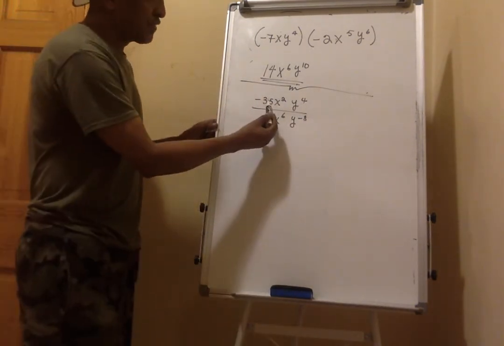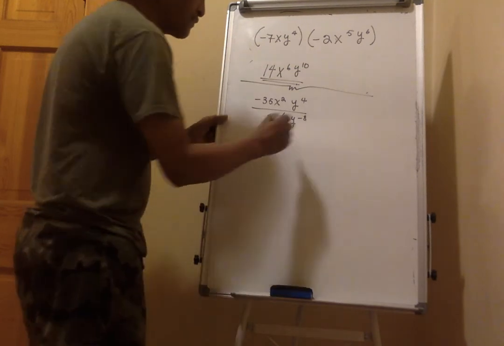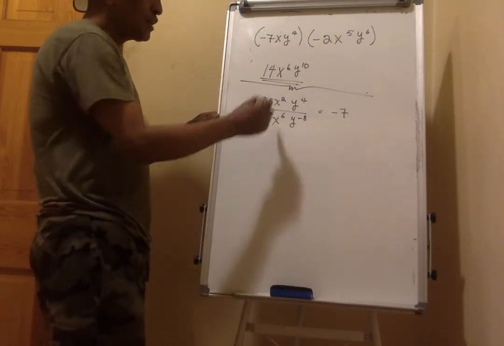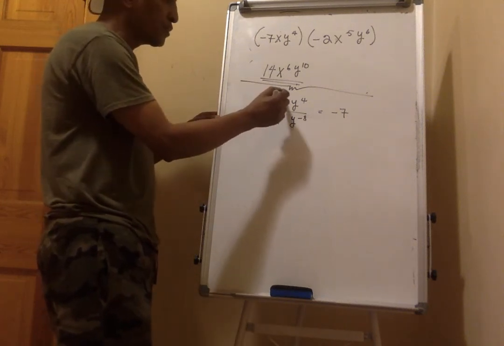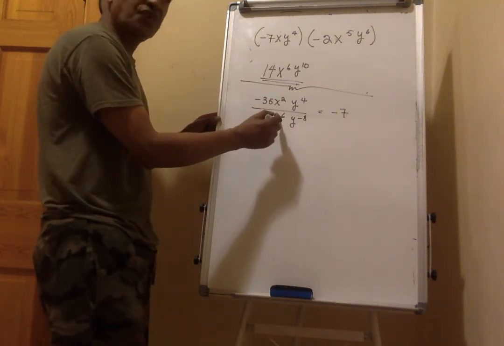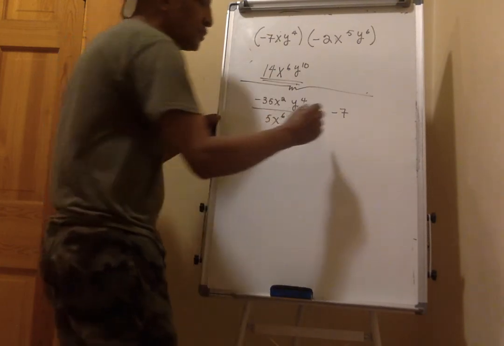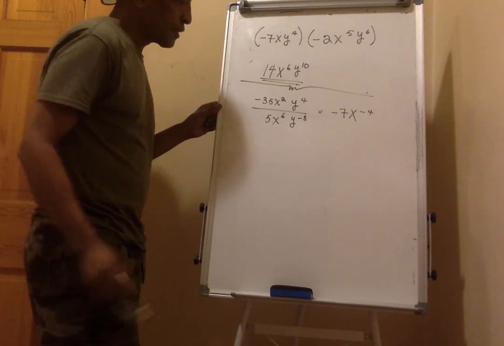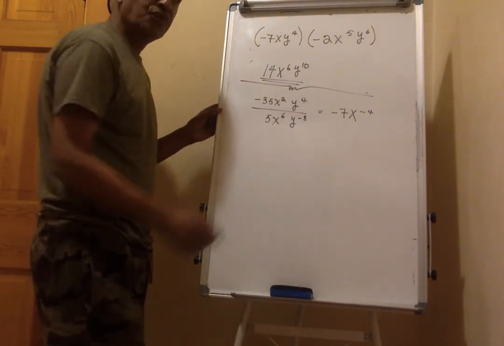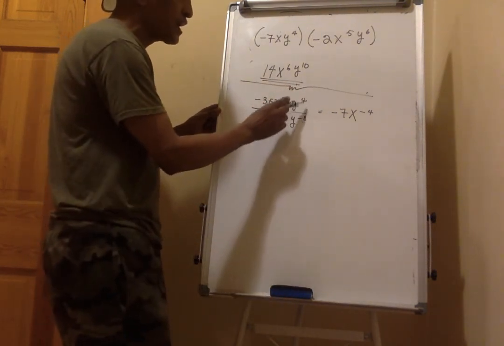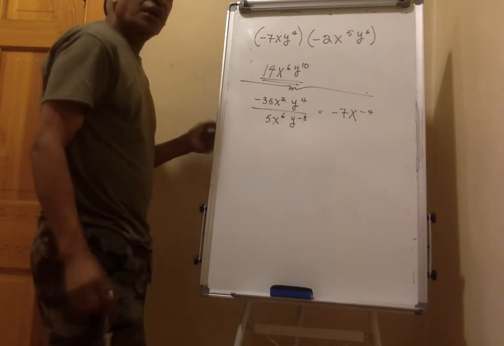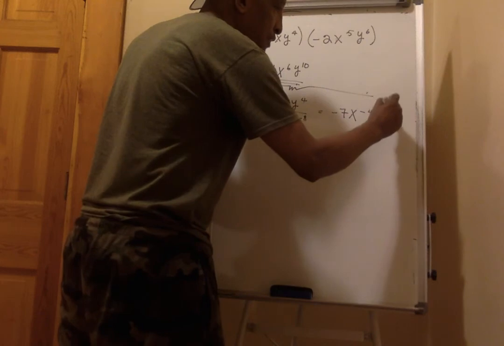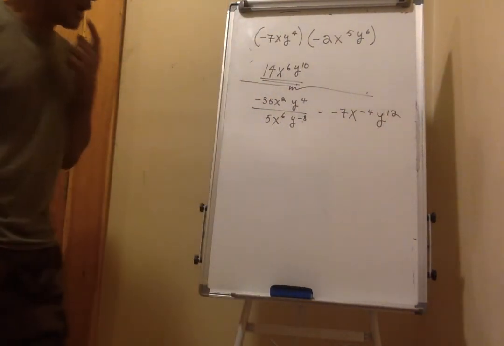Once again, divide negative 35 by 5, you would get negative 7. You are going to use the quotient rule, x to the second over x to the 6th, subtract 6 from 2, you get x to the negative 4. Y to the fourth over y to the negative 8, you are subtracting negative 8 from 4, it means what? 4 minus negative 8, you end up with y to the 12th, it becomes positive.